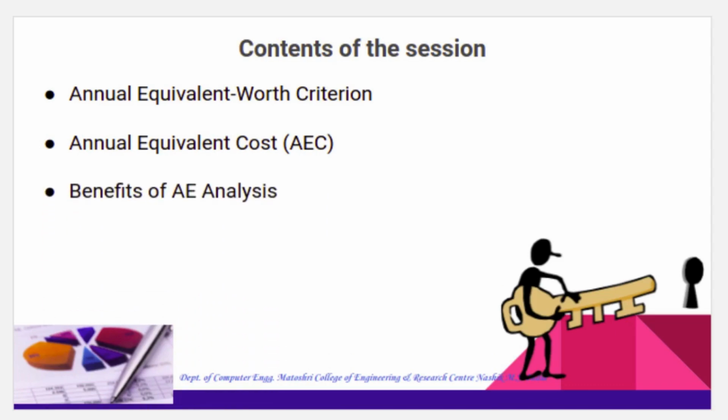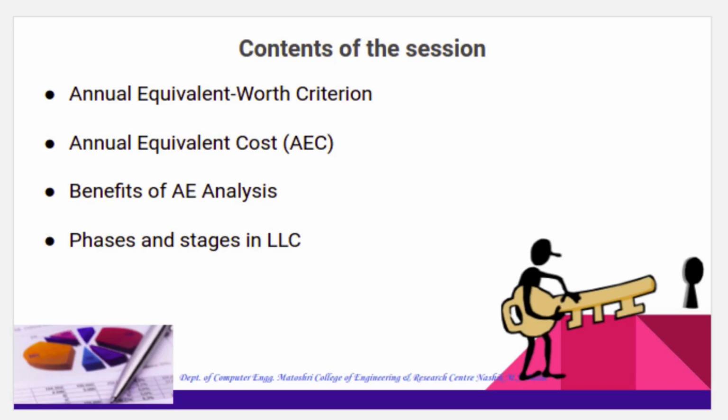After that, we will proceed to learn about the benefits of AE analysis. Here, we will discuss the benefits of AE over NPW analysis. Then it is interesting to learn phases and stages in LLC, in which we will learn 5 stages such as launch stage, growth stage, shakeout, maturity, and decline stage. This is the roadmap for our session.